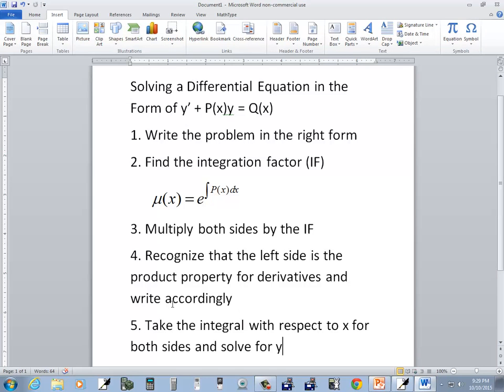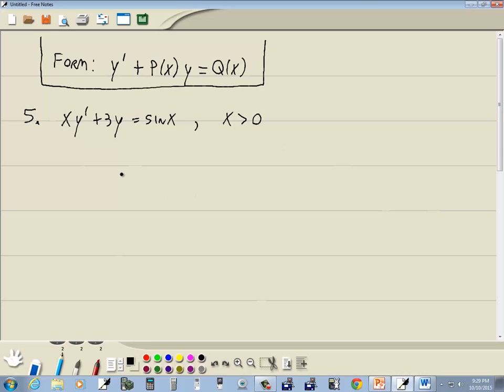Okay. Step 1. Write the problem in the right form. Well, this isn't in the right form. We cannot have anything in front of our y prime. So first thing we'll do is we'll go through and divide everything by x. So divide that by x. Divide this by x, and then we'll divide sine x by x.